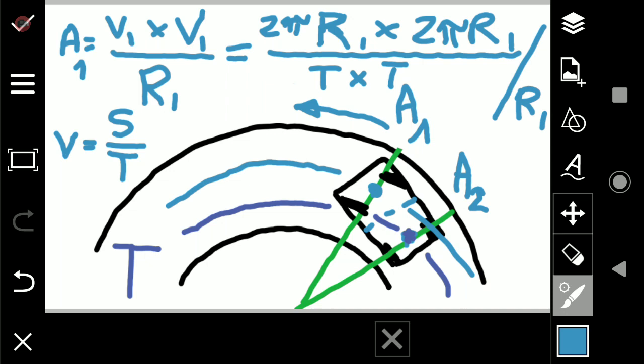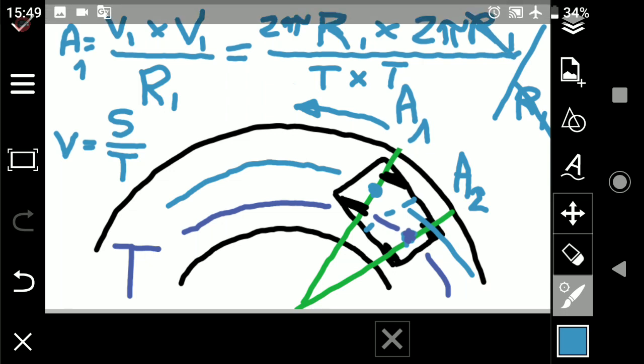Now we come to the interesting part, because we've got r1 above the fraction and r1 below, so one can be taken away and the final result can be expressed as, I have no room, so I will delete it and rewrite it.